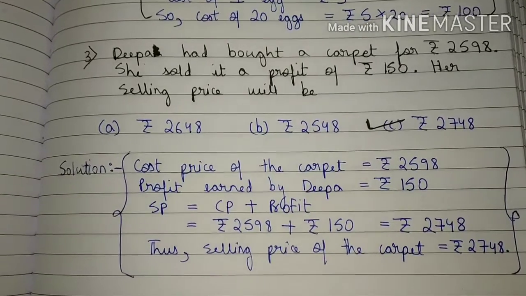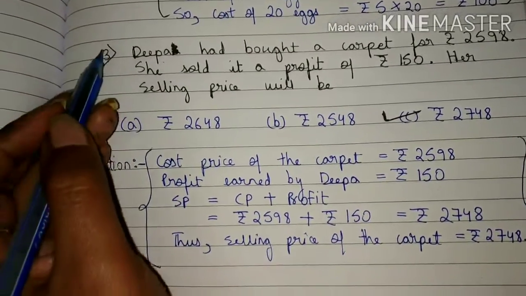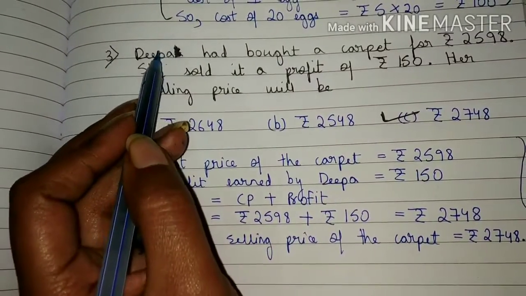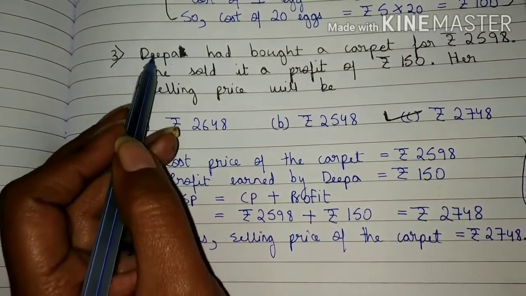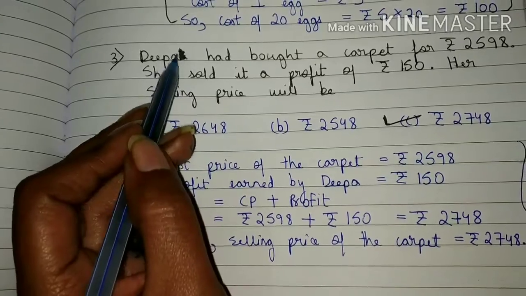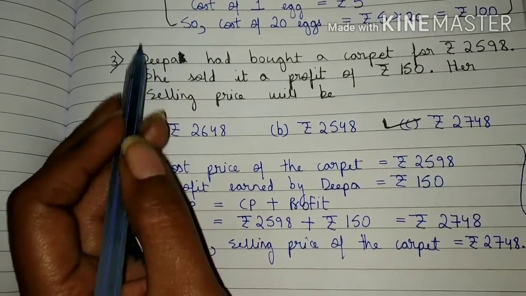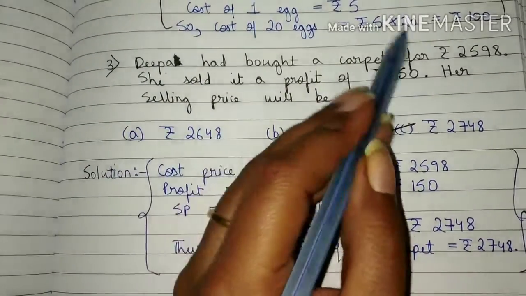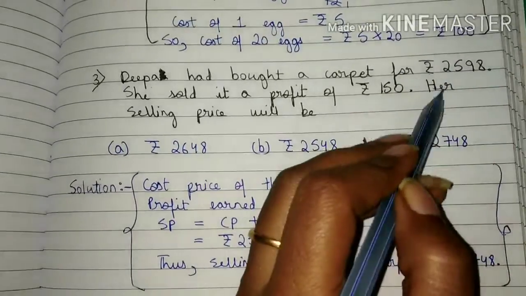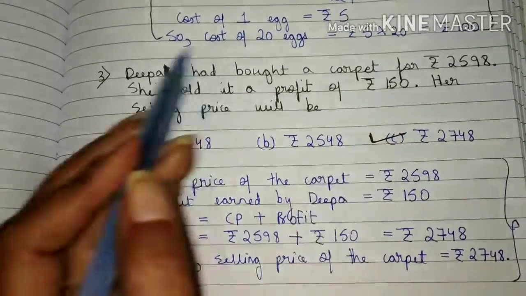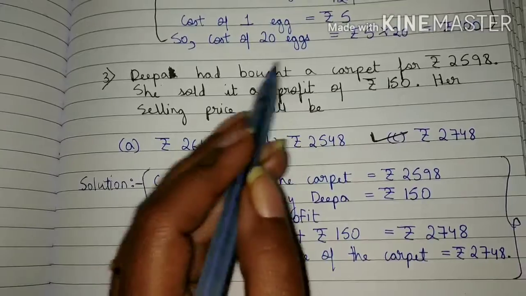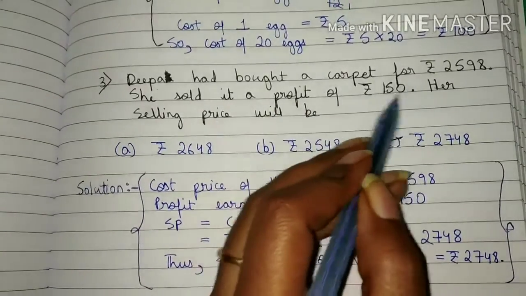Now come to third question. In your book it is written Deepak, but you have to write Deepa here. Deepa had bought a carpet for rupees 2598. She sold it at a profit of rupees 150.